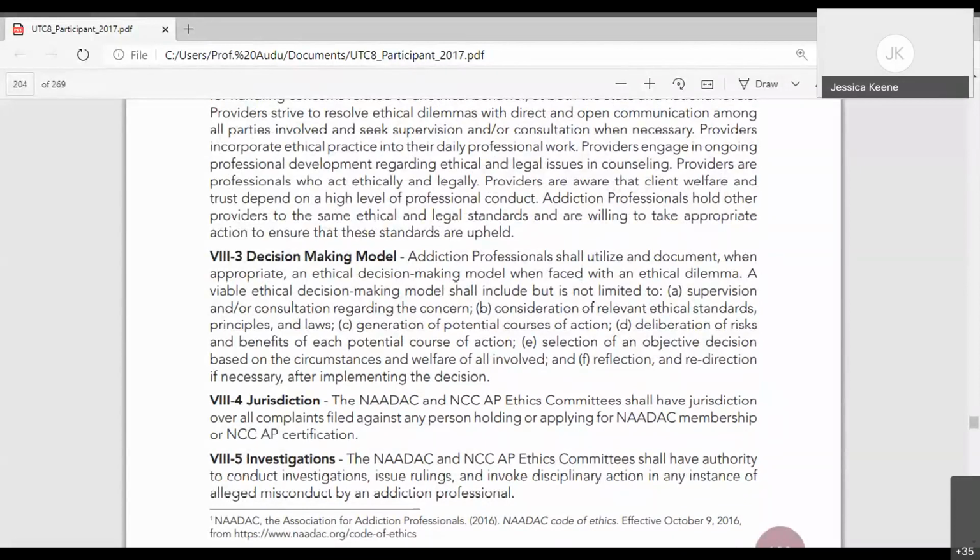Decision-making model. Addiction professionals shall utilize and document, when appropriate, an ethical decision-making model when faced with an ethical dilemma.